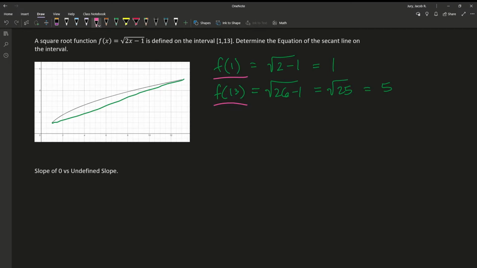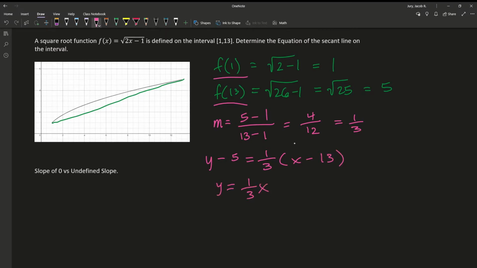So we'll use those 2 y values to determine the slope and equation of the line. That's how I'll determine my equation of a line. So I'll end up with 2/3.